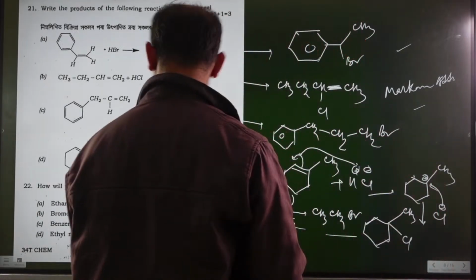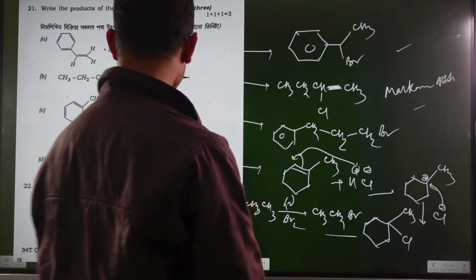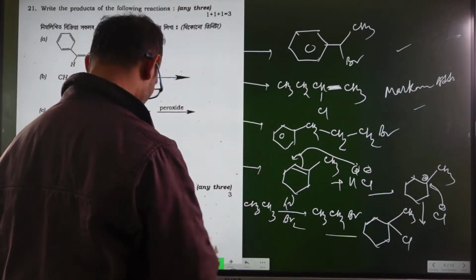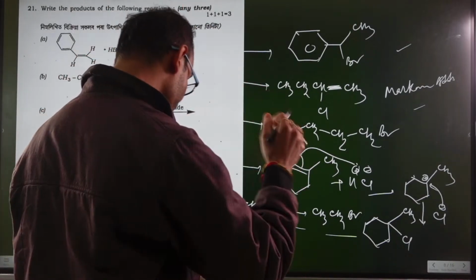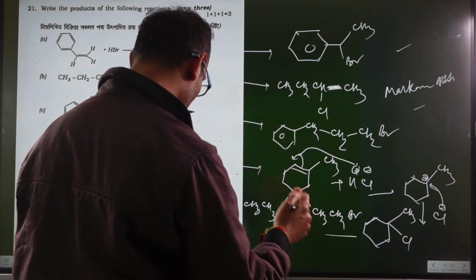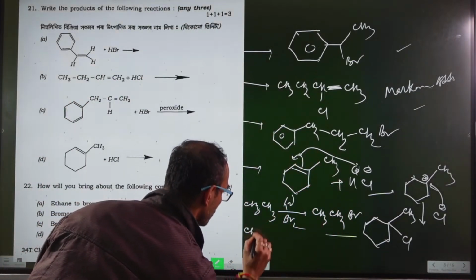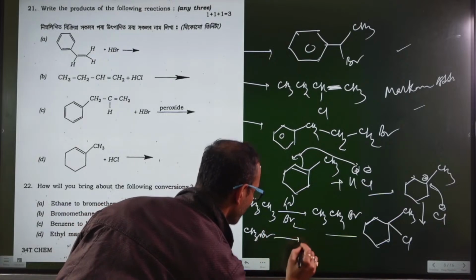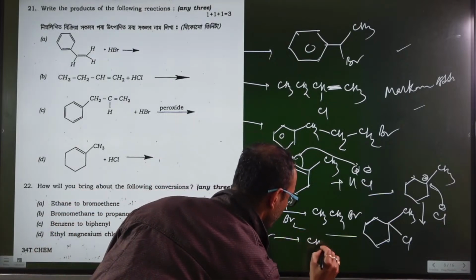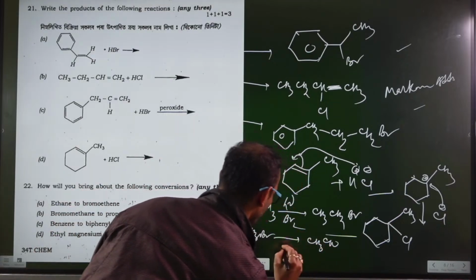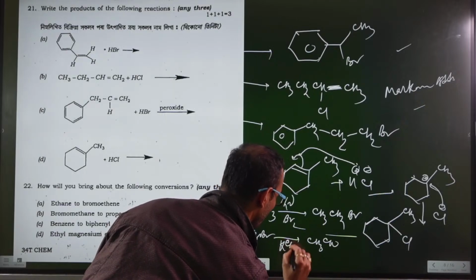In the second case, bromomethane to propanone. You have to convert your methyl bromide first into methyl cyanide by treating with alcoholic potassium cyanide.